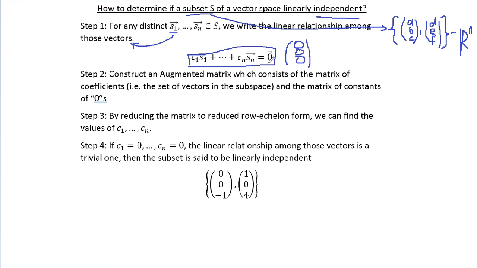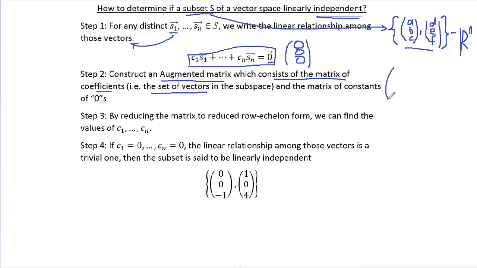So this is the zero vector. And after that, based on this, we can construct an augmented matrix, which consists of the matrix of coefficients, which is basically the set of vectors in the subset as here, and the matrix of constants, which is 0.